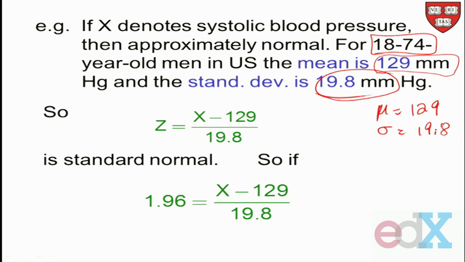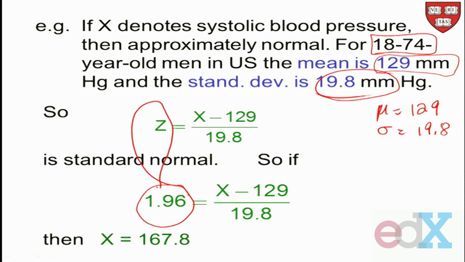So, for example, remember our magic 1.96. 1.96 on the z scale translates to, multiply both sides by 19.8 and add 129, x of 167.8. So, in this population, we are going to get a value bigger than 167.8 2.5% of the time.